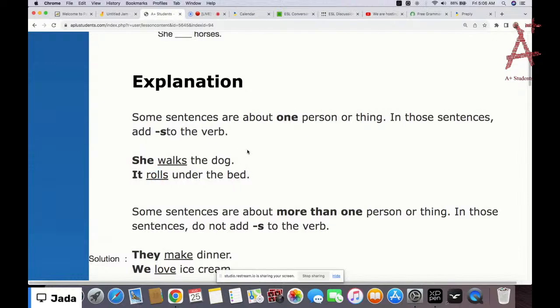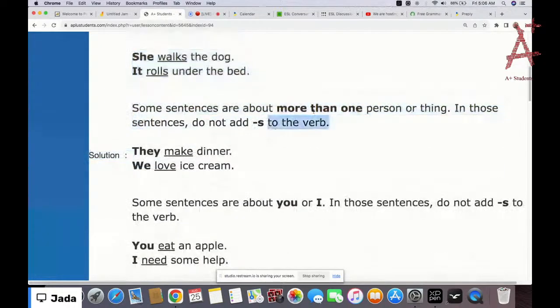So remember that once the sentence is talking about one person or one subject or one thing, you know that the verb needs to have s added to it. Now, some sentences are about more than one person or thing. In those sentences, do not add s to the verb.